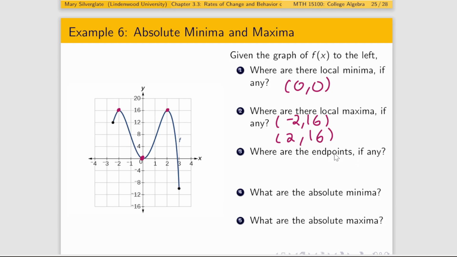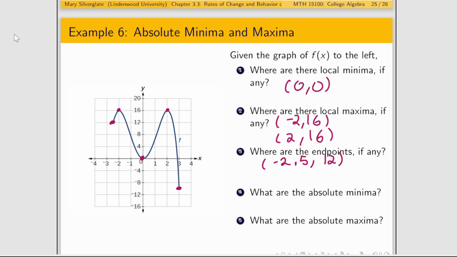We also have two distinct endpoints here. We have one at what appears to be approximately -2.5, 12, and another one down here that appears to be approximately at +3, -10. The reason why we know it's at -10 is because it appears to be about halfway between -8 and -12.